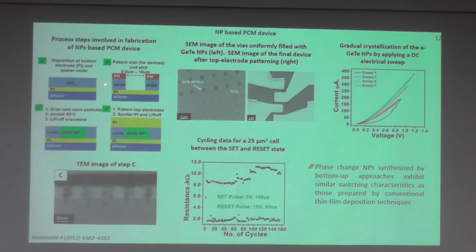First you have to produce some electrodes, then spacer oxide, then also pattern it and produce holes or pitches, and then you make a drop cast of the nanoparticles, you anneal them, and then deposit another electrode, a platinum electrode, to make contact between them. This is the TEM image of step C. You can see the nanoparticles inside such holes here.